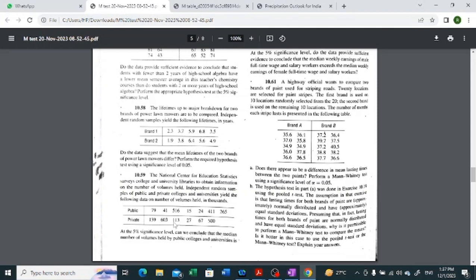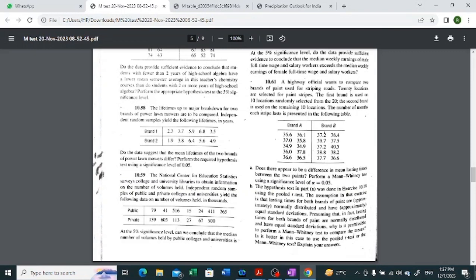So what we need to do in this case is swap the data sets. We consider the private colleges and universities data set as the first data, and the public colleges and universities data set as the second data, and we swap this throughout.